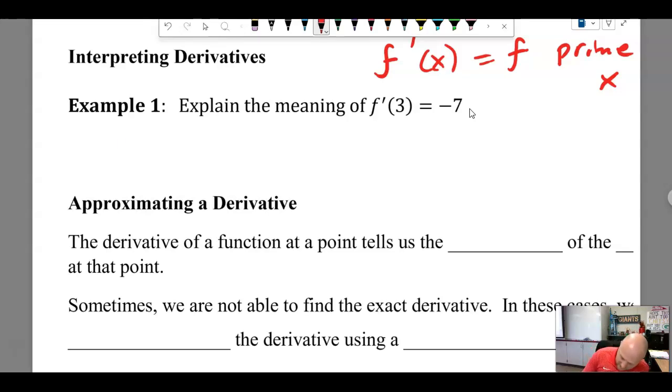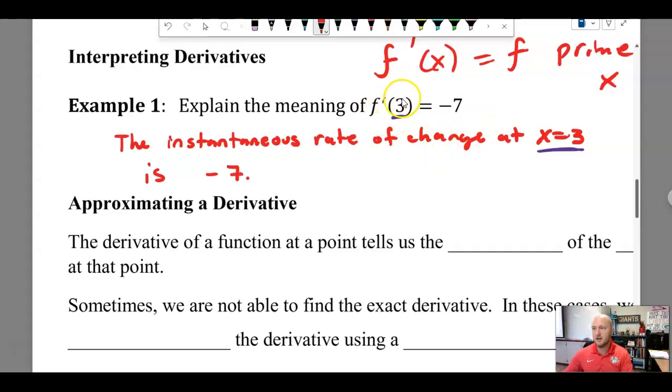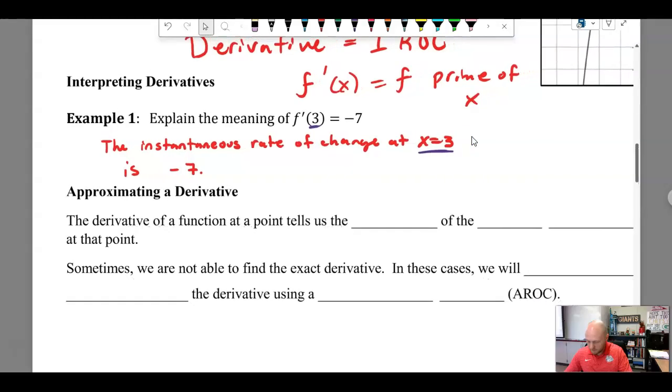This means that the instantaneous rate of change at x equals 3. Very, very important that you understand that this is at x equals 3. Is -7. That's what that means. Okay? So the slope of the tangent line at x equals 3 is -7. Okay? Pretty straightforward.